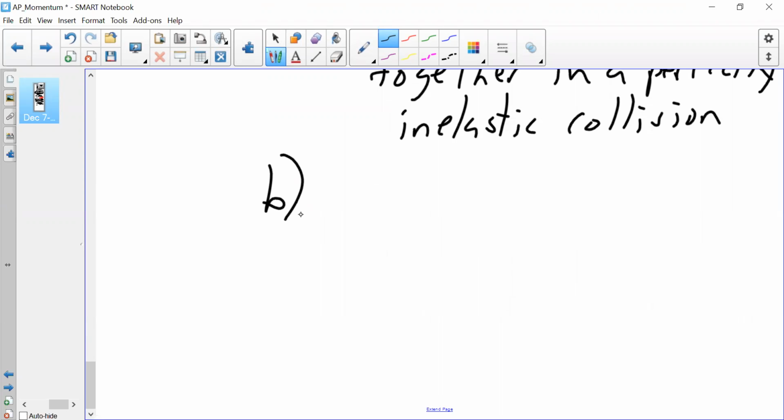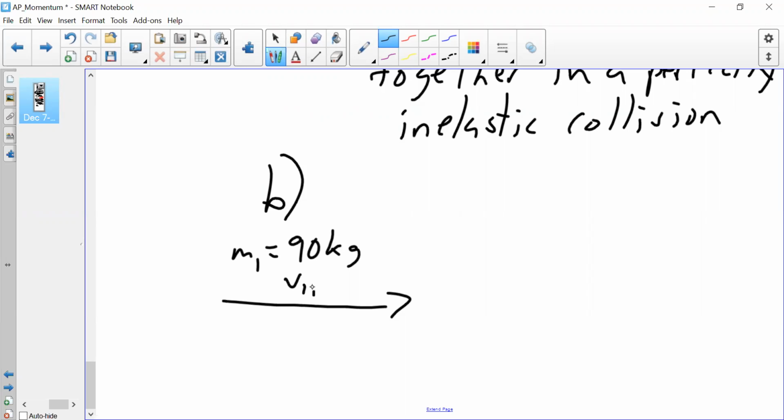So what do we got here? Let me just do this by my picture I drew. Okay, so here is the 90 kilogram guy.